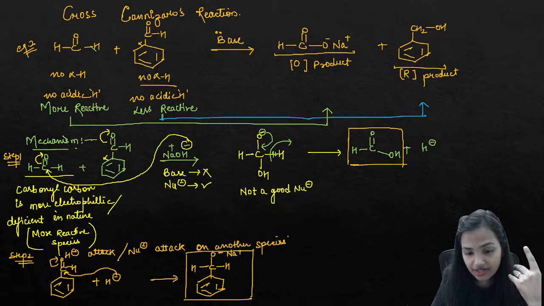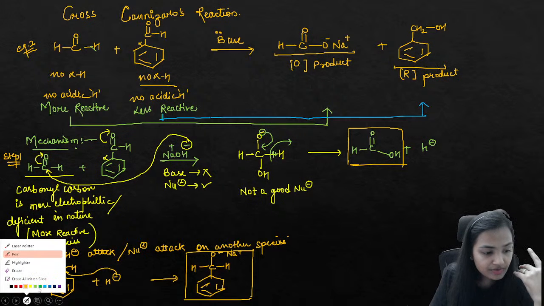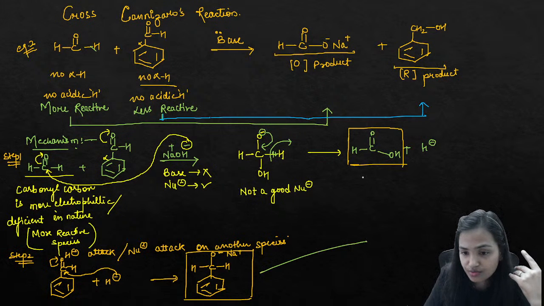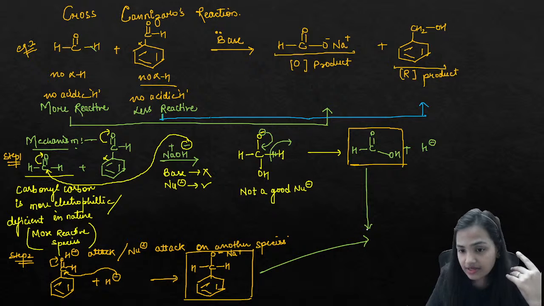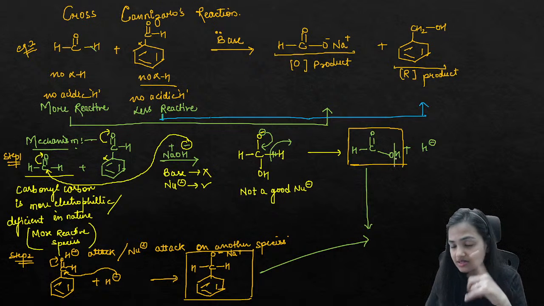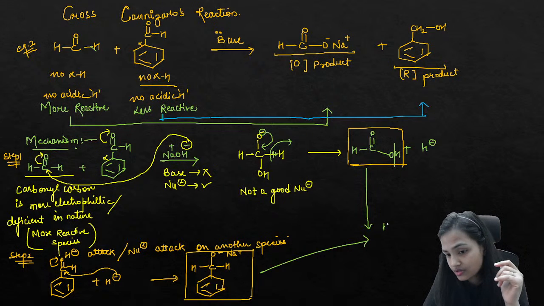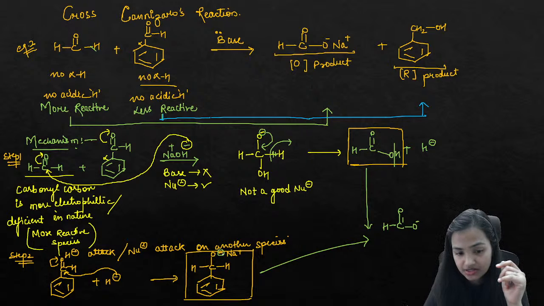If you figure out these two products, you will find that this is a very stable, resonance stabilized species. So this will give you HCOO negative, and this species will be carrying its acidic hydrogen.